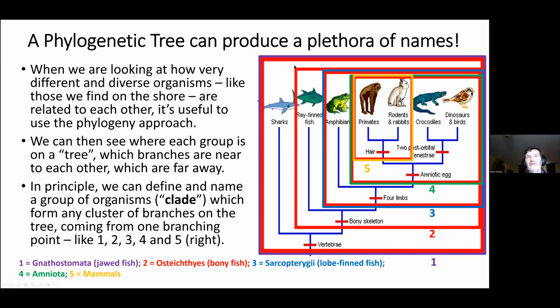Then if you look at the box which is just pink, everything there evolved from a fish with a bony skeleton, the osteichthyes we mentioned earlier, the bony fish.